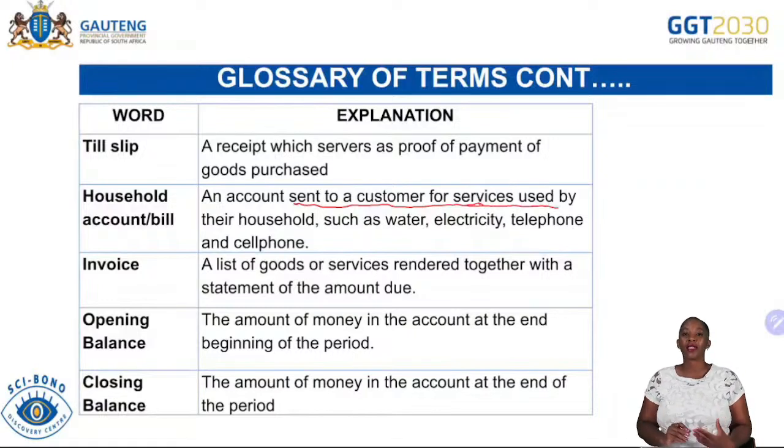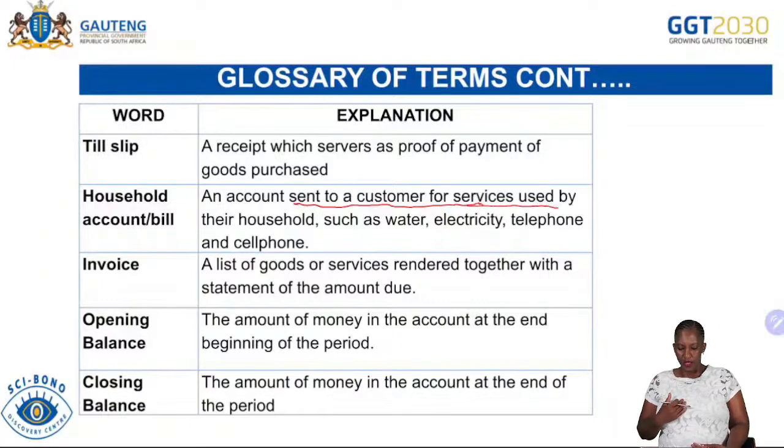It's not everything that is free. So you'll have an account statement sent to you to say, these are the units of water or electricity that you have used, this is what they are charging per unit, and this is how much you are supposed to pay, including tax, because remember, in South Africa we are paying tax for everything.